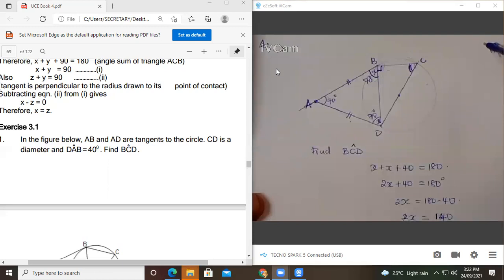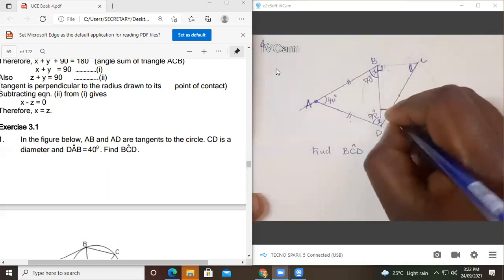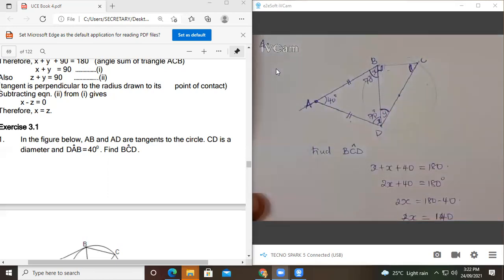I don't think it's correct. It is not correct. Yes, so we need to find this angle here. Let us call this angle Y. Are we together? Let us first call that angle Y, isn't it? Angle Y. So how do we find Y?